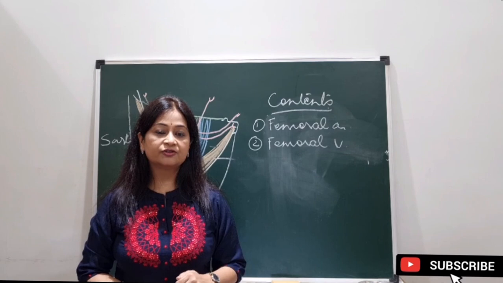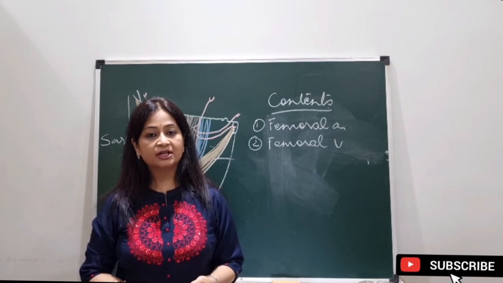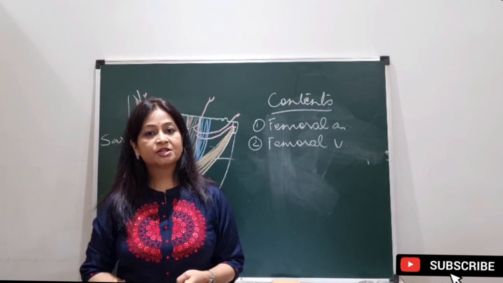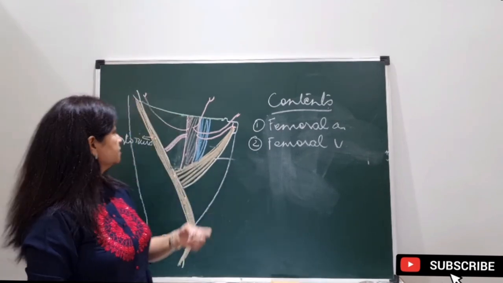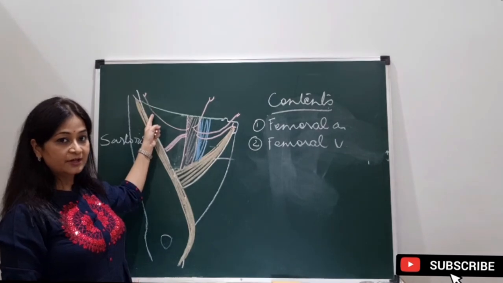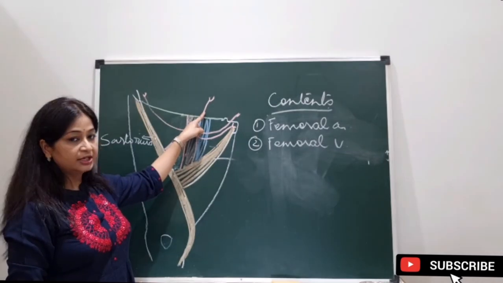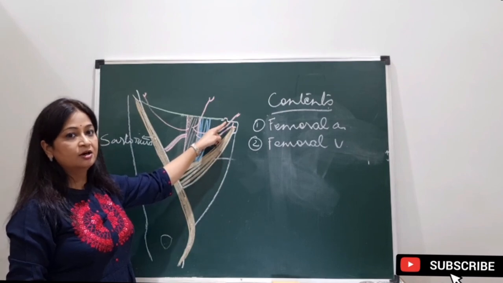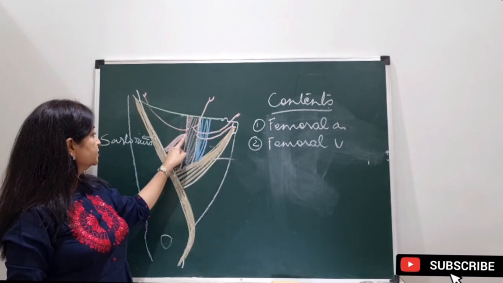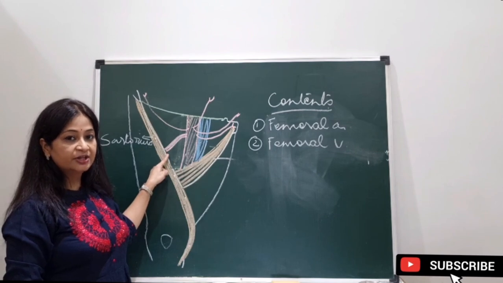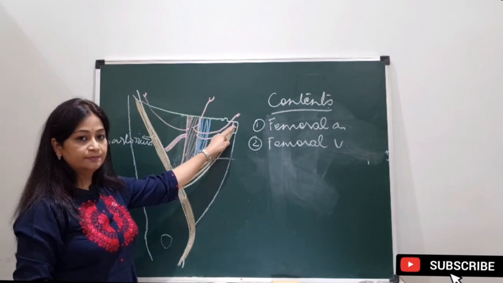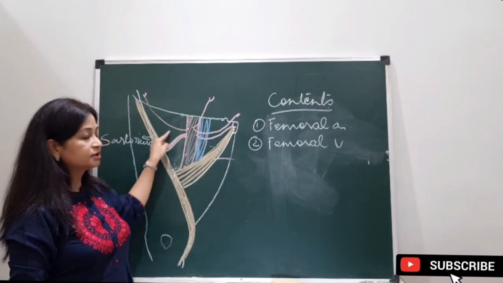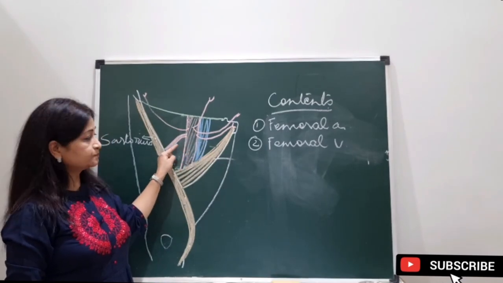The femoral artery gives off 3 superficial and 3 deep set of branches in the femoral triangle. The superficial branches are the superficial circumflex iliac, the superficial epigastric, and the superficial external pudendal, while the deep branches are the profunda femoris artery, the deep external pudendal artery, as well as the muscular branches for the adjoining muscles.